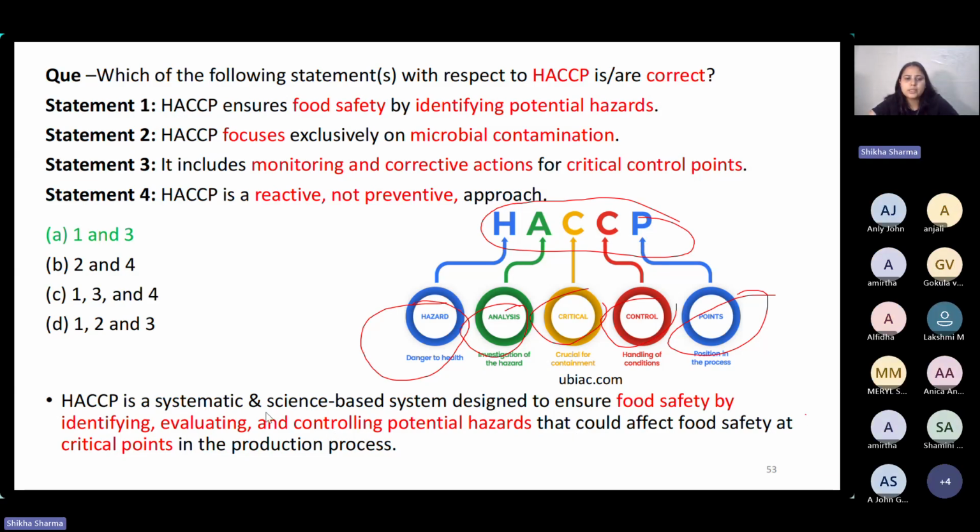So HACCP is basically a systematic and science-based system designed to ensure food safety by identifying, detecting, and controlling the potential hazards that could affect food safety at critical points in the production process. Statement 1 is correct here, that it ensures food safety by identifying the potential hazards.